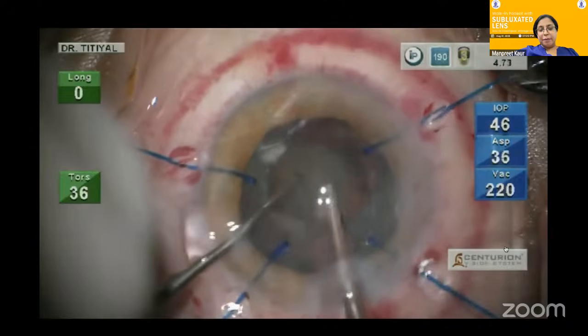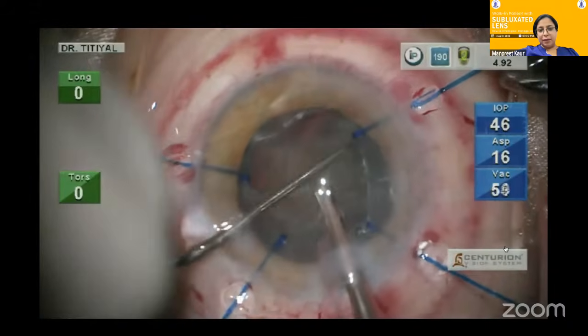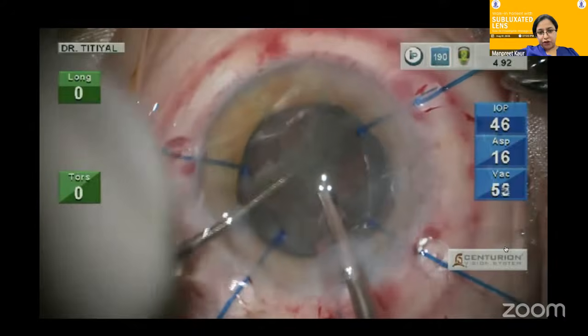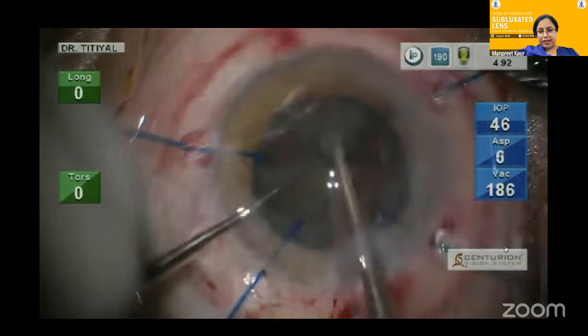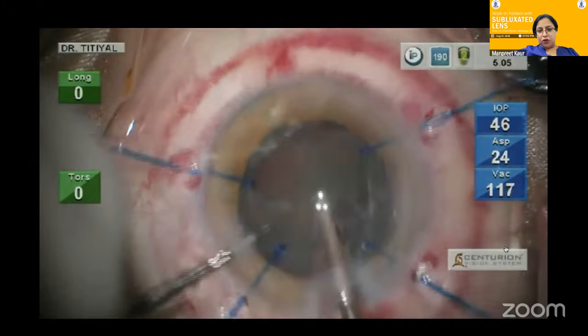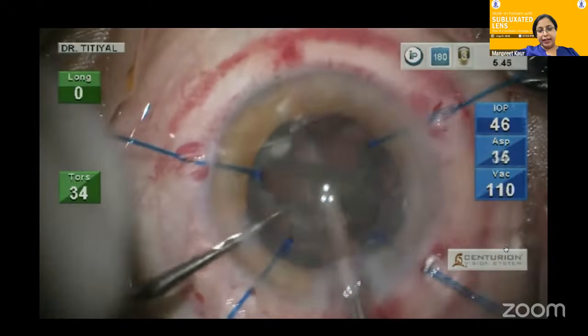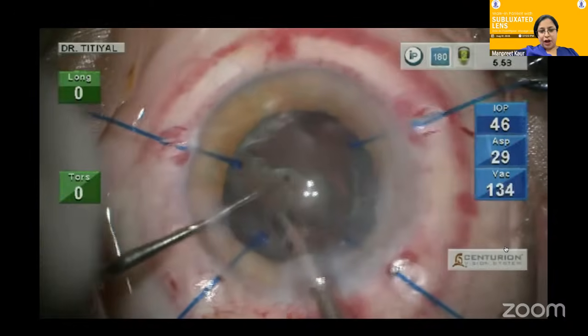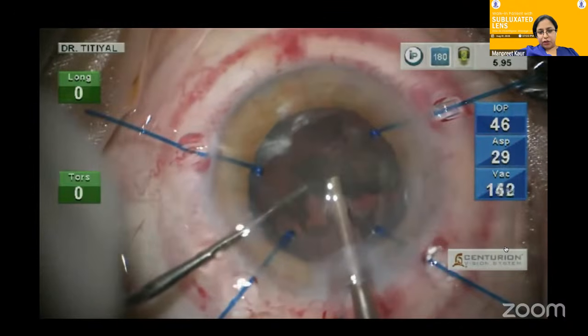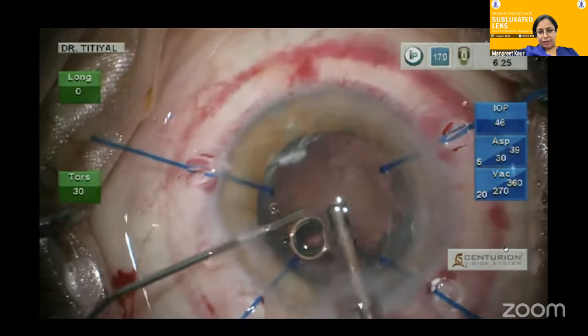But you can see the bag is not coming, and despite being such a large subluxation, there is no extra vitreous coming. It all seems very stable and well controlled, which is what your aim should be when doing a case of subluxated lens.